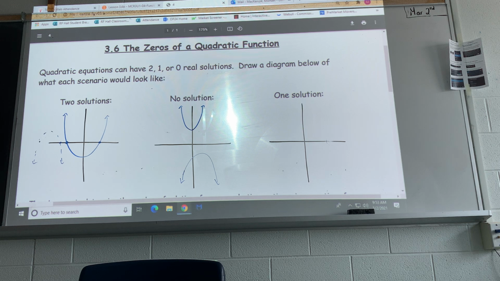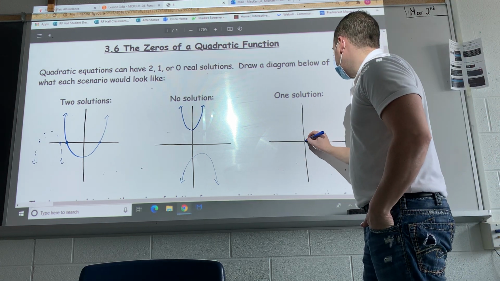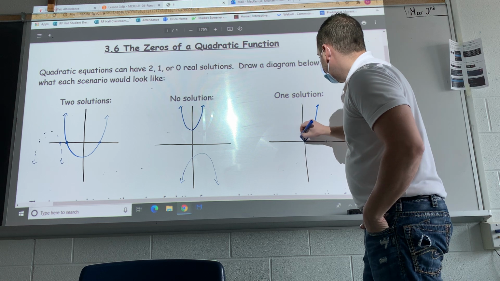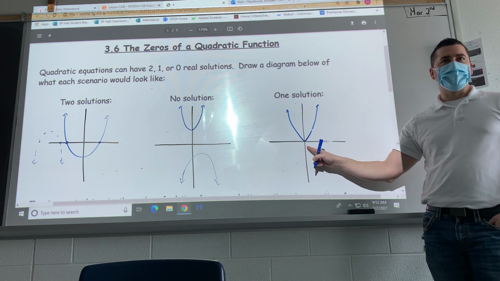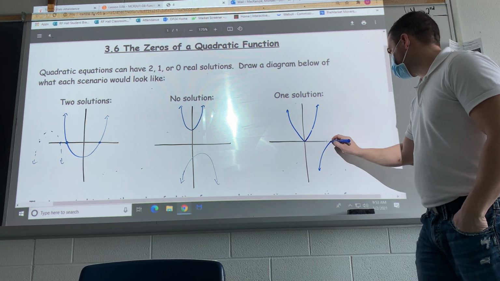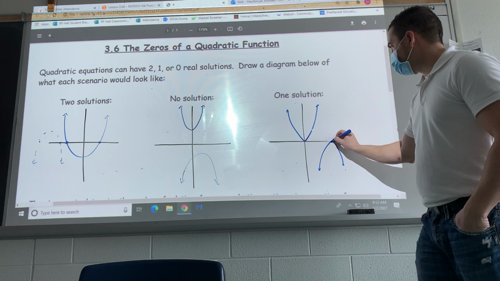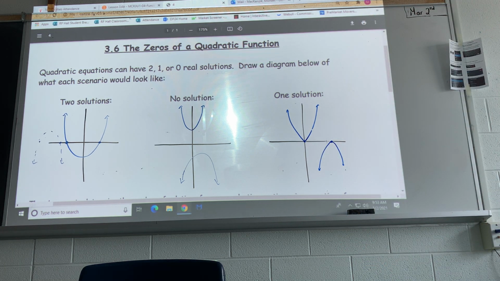If it starts at the origin, or anywhere along the x-axis. Okay, so we could start at the vertex would touch the x-axis. Okay, to have one solution. Okay, or it could go something like this as well. Okay, so the vertex would be on the x-axis.